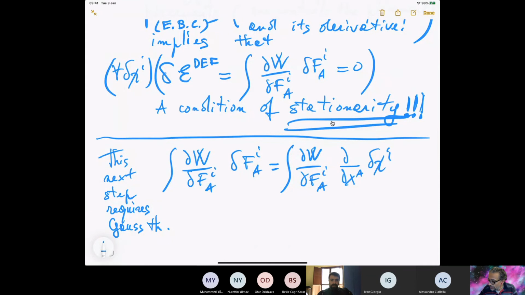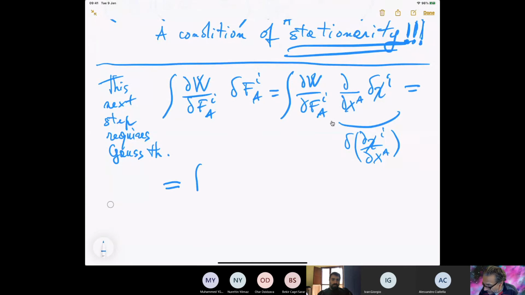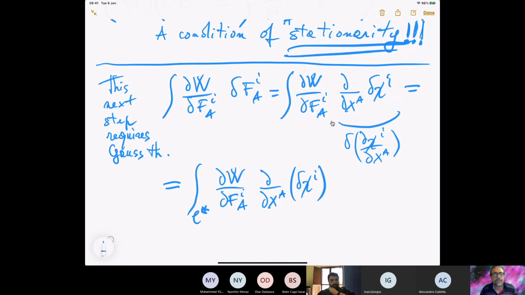I am commuting the partial derivative with the symbol of delta. Okay? So I have now the integral over C star of dW over dphi_i d over dx_A delta chi_i. Okay?